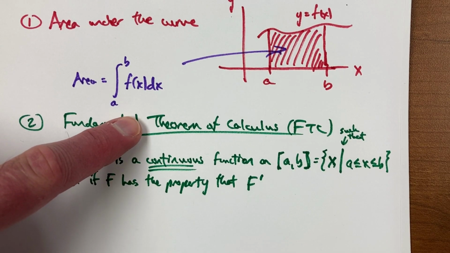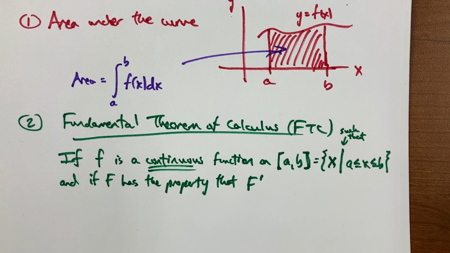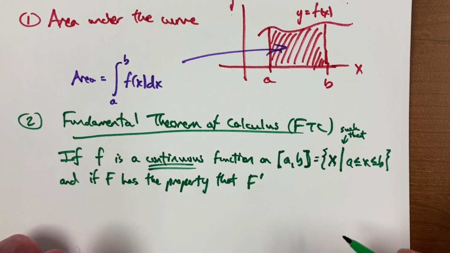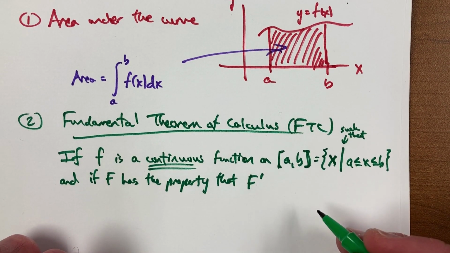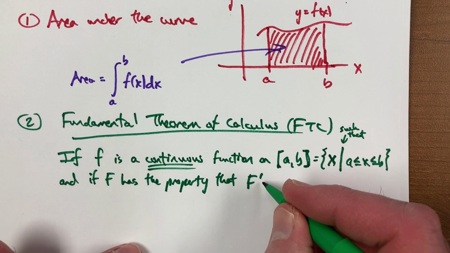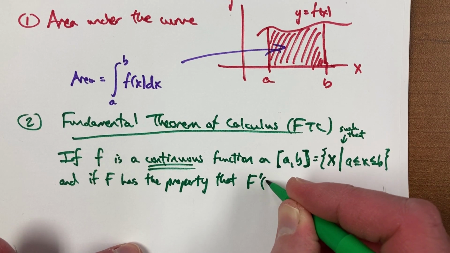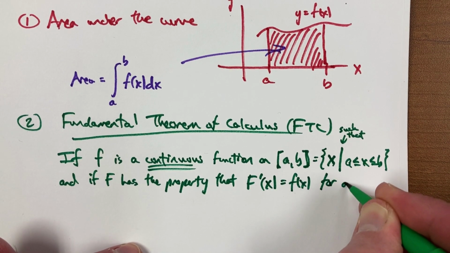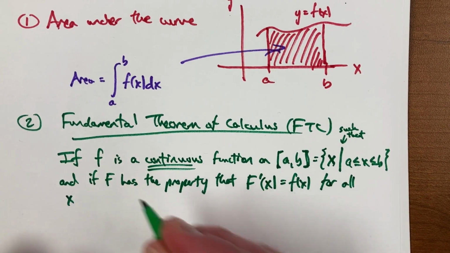Little f is going to be the function I'm integrating. Yeah, capital F prime equals little f, lowercase f. Over the entire interval, I should really be a bit more specific here. Capital F prime of x equals little f of x for all numbers x in the interval.